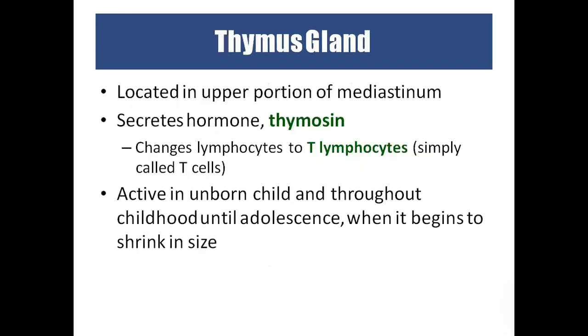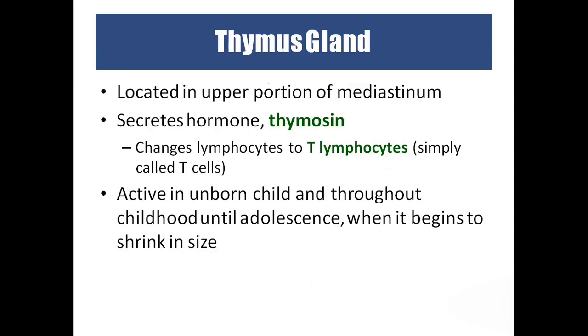And the thymus gland, which is present nearby the front of the heart, in what we call the mediastinal region, secretes a hormone called thymosin. Thymosin is responsible for activating the T lymphocytes, and it is very active in the unborn child and throughout childhood and adolescence. Adolescence, 12 to 18 years, is what we call the adolescence period.